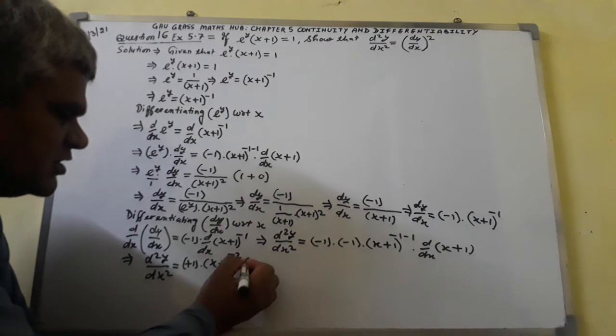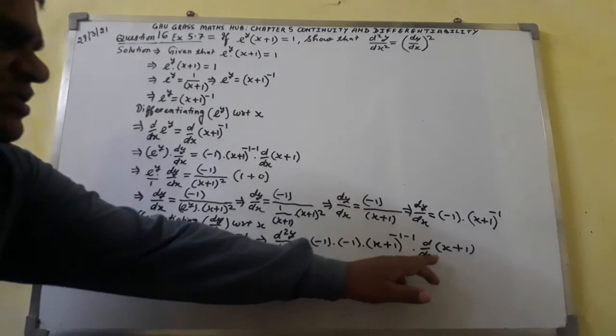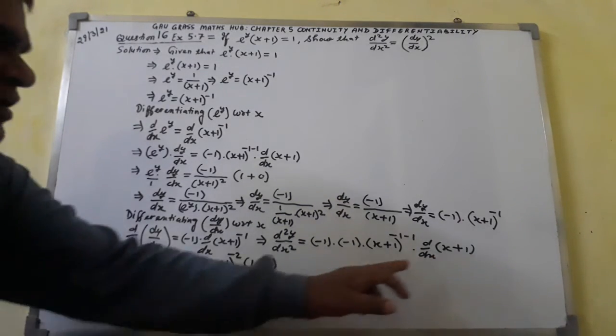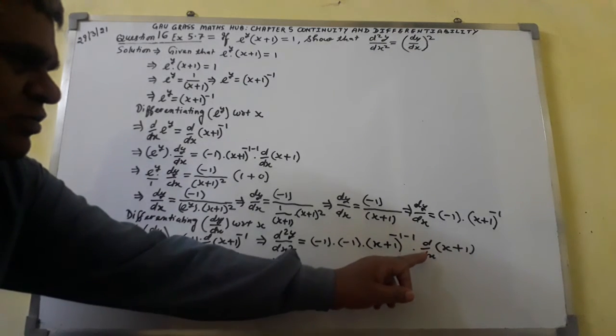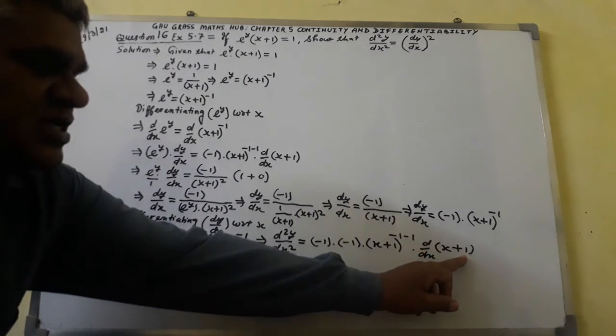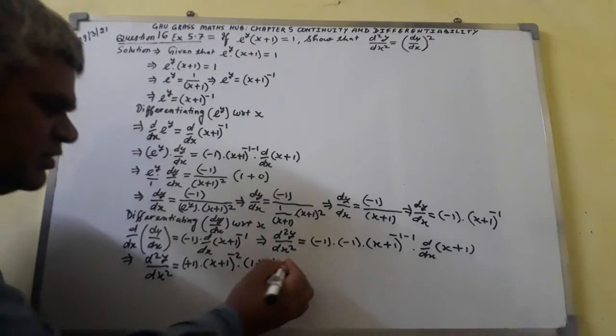Here we shall get 1 plus 0, because d over dx of x comes out to be 1, plus d over dx of 1, which is a constant, comes out to be 0.